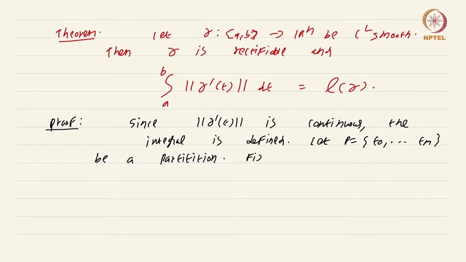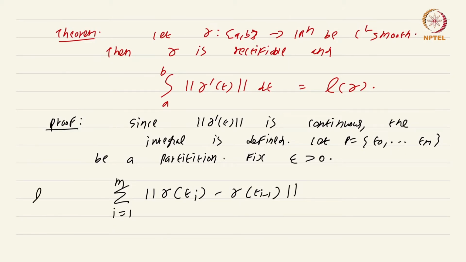Fix epsilon greater than 0. Okay. Now, what I'm going to do is I'm going to apply fundamental theorem of calculus in a slightly different way than usual. Look at summation norm gamma of ti minus gamma of ti minus 1, i running from 1 to m.